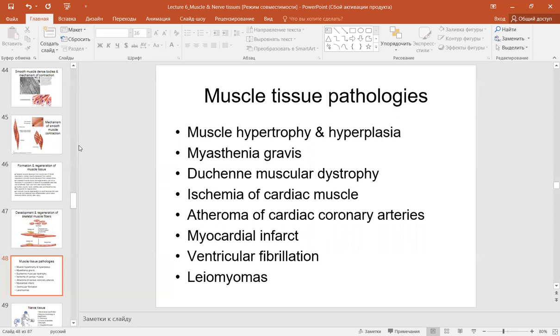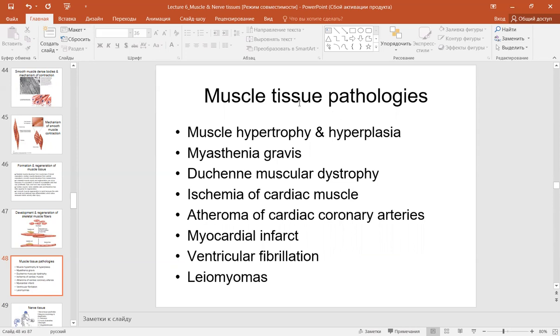You can find these terms on the internet and compare with the normal conditions, to see what changes in the normal condition of the muscular tissues lead to these pathological things in the muscular tissue.